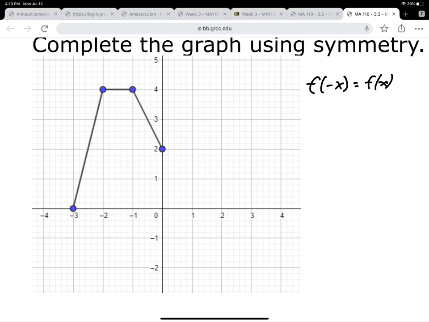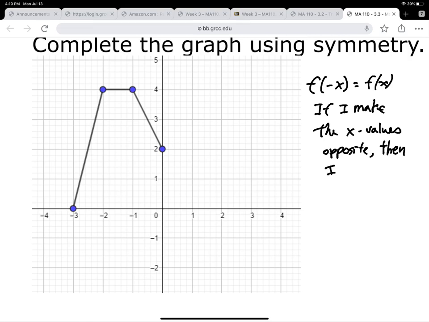The way I interpret this is if I make the x values opposite, then I still get the same y value, or f of x, back.